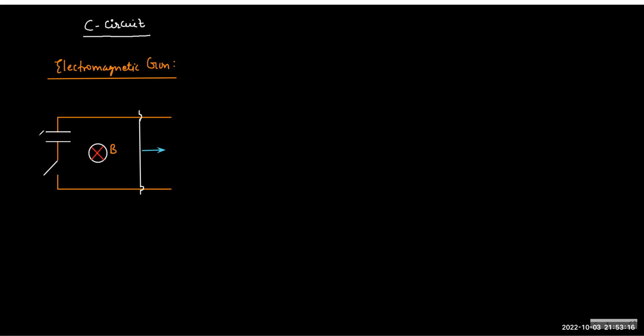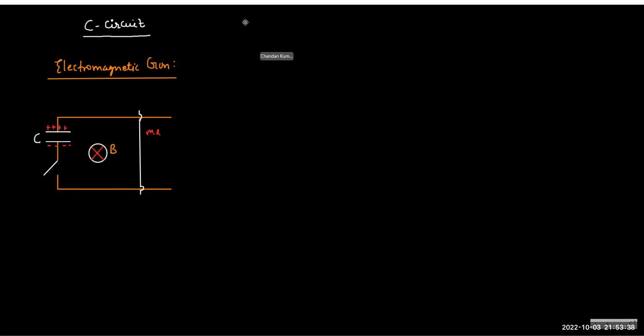So what we have here is a capacitor with some initial charge, and there is a rod of mass m, length L at rest.